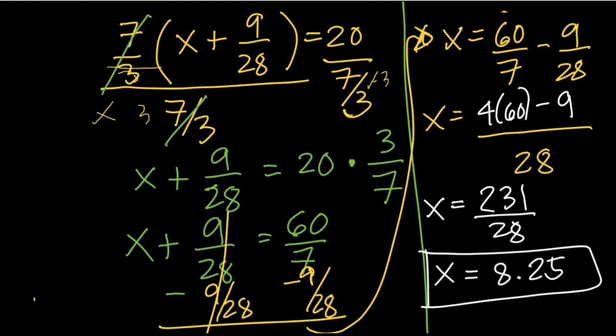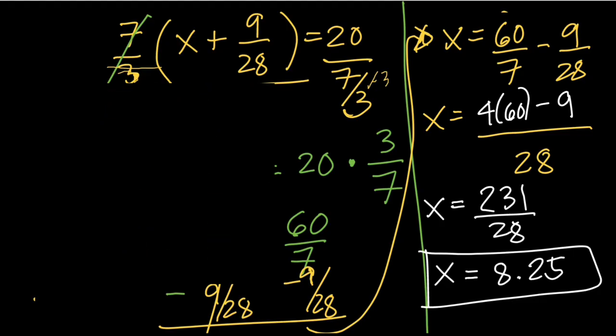From the very beginning, you can also multiply both sides by 3, so you don't have to deal with the fraction. Oh, yeah. Why did I? Because the first thing that came to my mind was to get rid of 7/3, so I divided both sides. But yeah, you can also multiply.